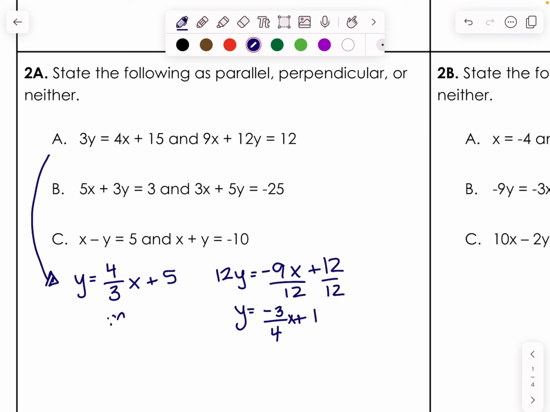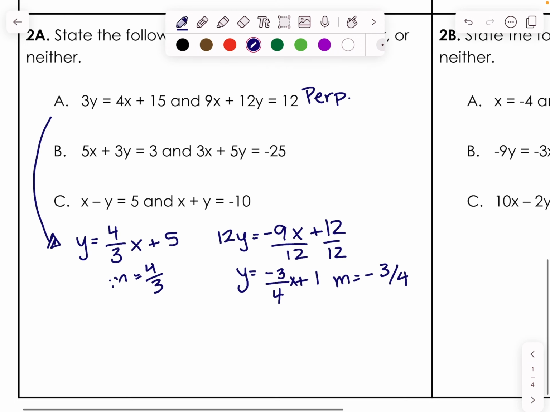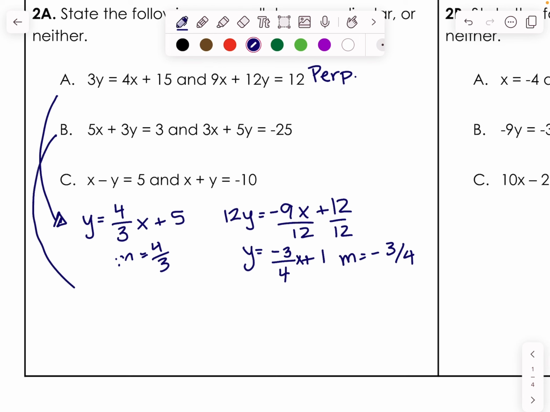All right, so the slope of this first equation is 4/3, and the slope of the second equation is negative 3/4. Those are negative reciprocals, so those are going to be perpendicular. All right, so then for B, same thing, we want to get y by itself, so I have 3y equals negative 5x plus 3.